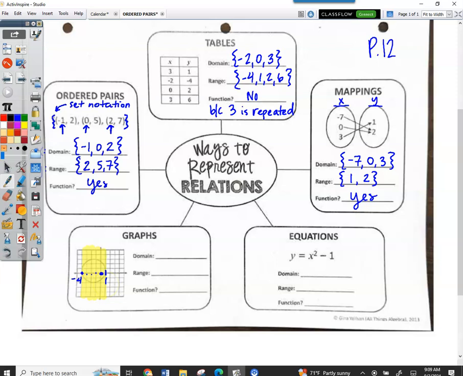So your domain is running from negative 4 to 1. Negative 4 to 1. Put brackets because it's definitely touching those points. There's no open circle here.